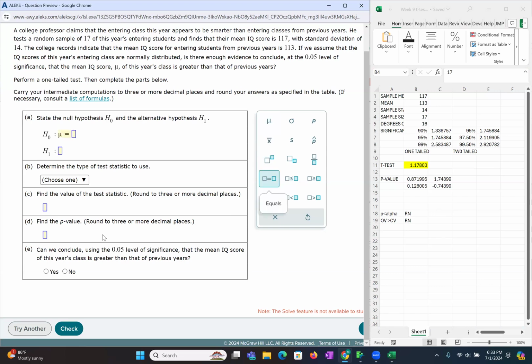Mu equals 113, and then mu is greater than 113.